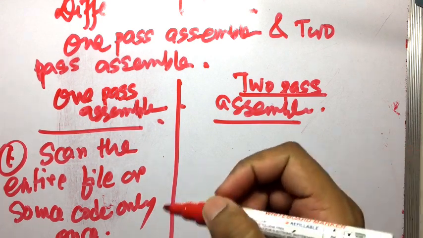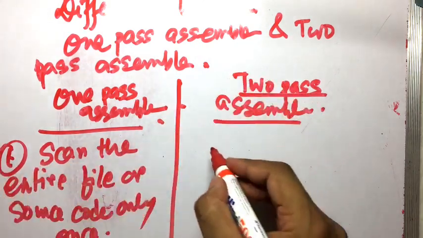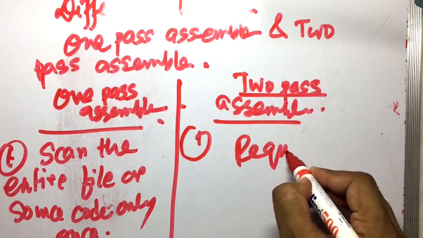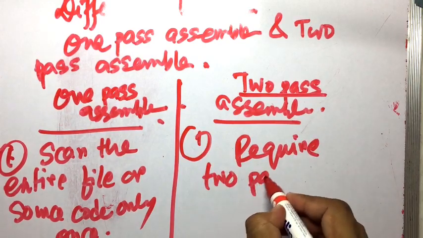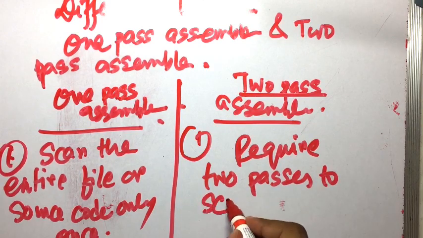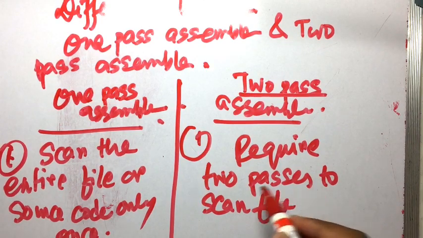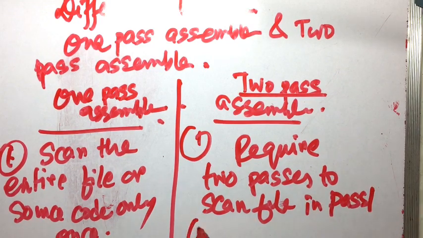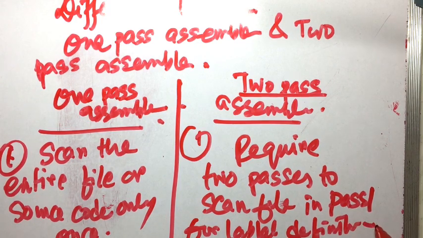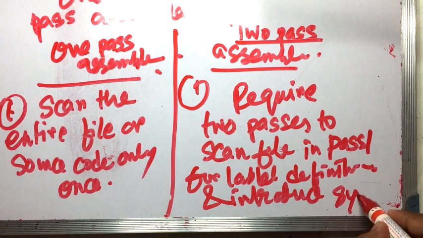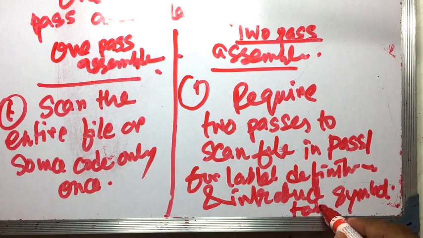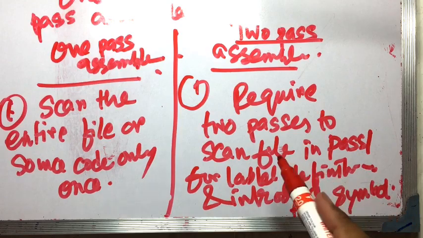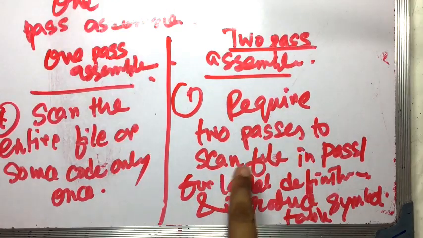A two pass assembler consists of pass 1 and pass 2. That's why it requires two passes to scan the source file.